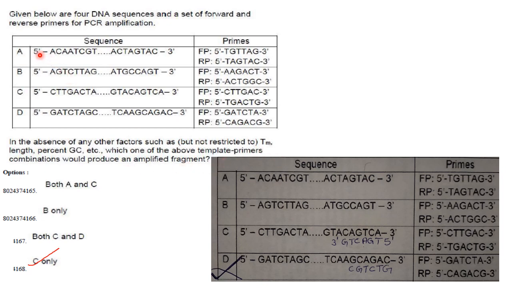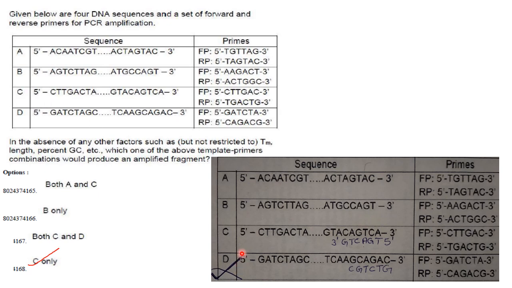So here the forward primer will be the same as this sequence, and the reverse primer will be complementary to this, but you have to read it in the 5' to 3' direction. Now if you see in the case of option A, the forward primer is not the same as this sequence, so it is not correct. Similarly, B also, the forward primer is not the same as this sequence, so it is not correct.